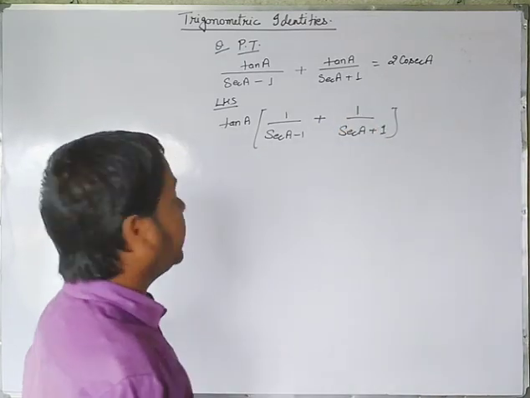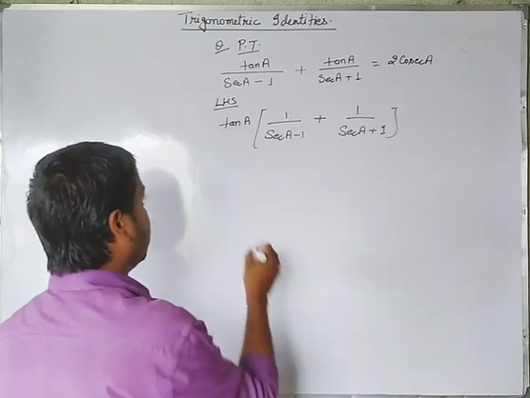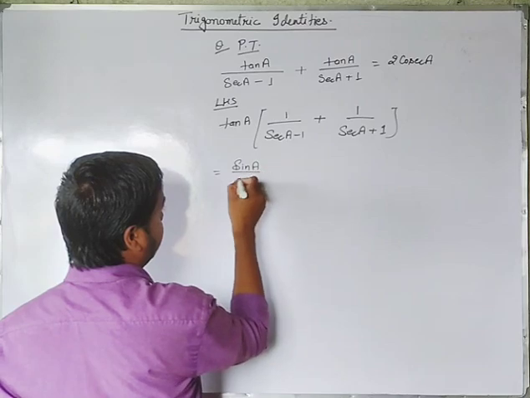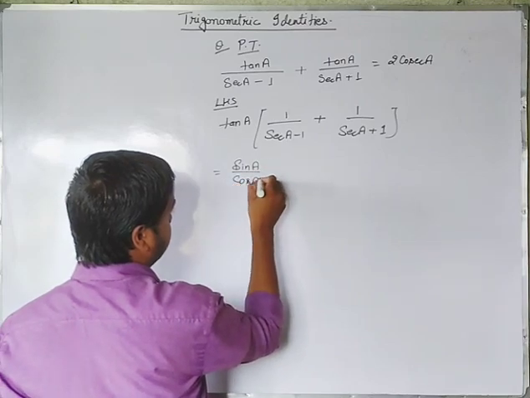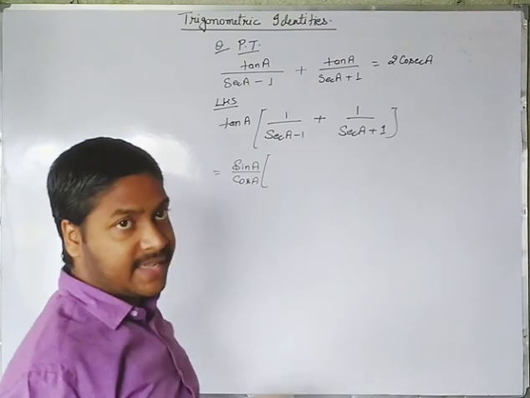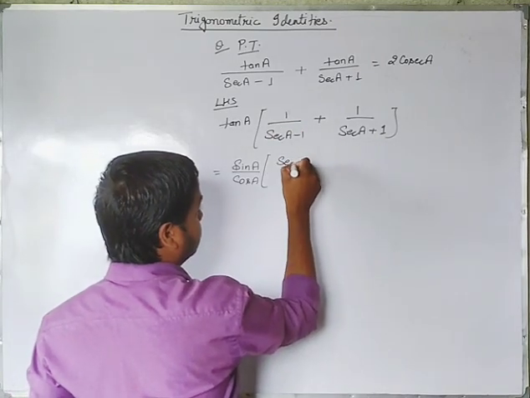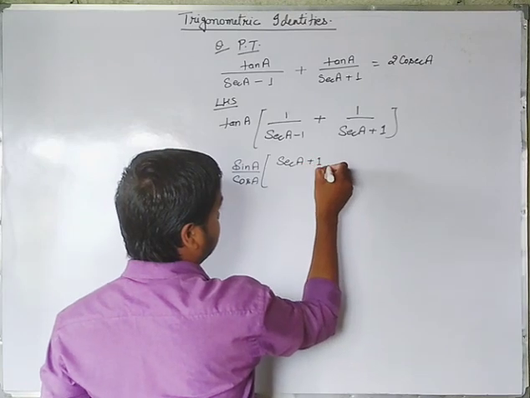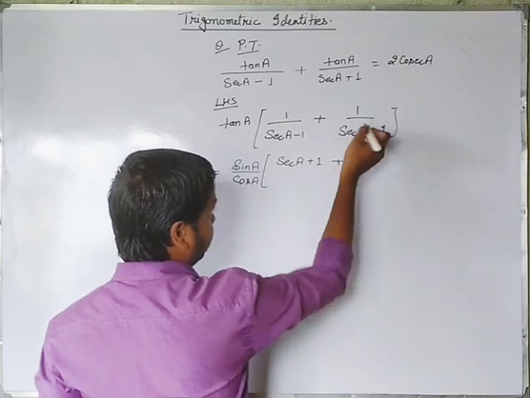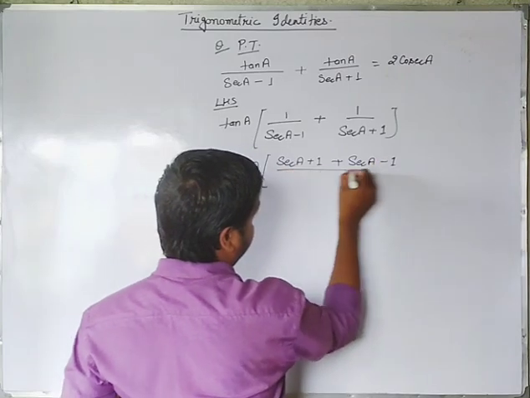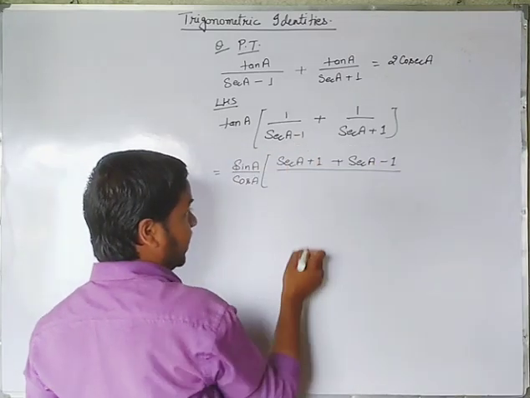Now tan A can be written in the form of sin by cos, that will be sin A by cos A. On taking the LCM, sec A plus 1 will go here, plus sec A minus 1 on this side, divided by (A minus B) and (A plus B).